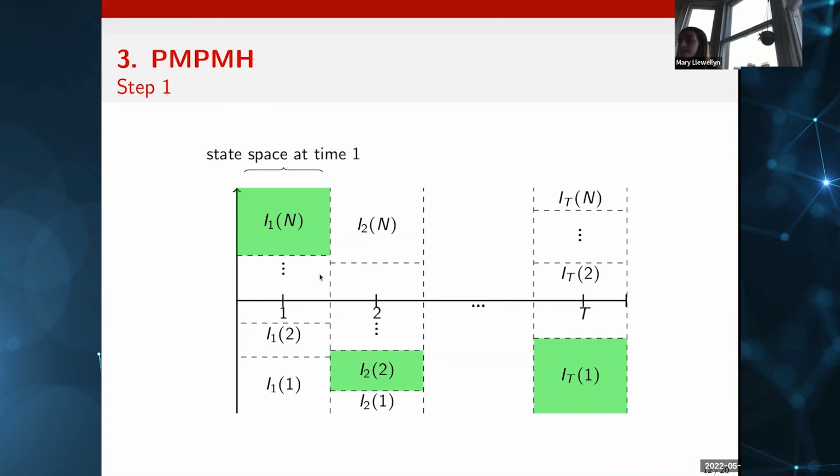Going back to the grid we imposed before, and I promise you this is the same grid, it's a bit higgledy-piggledy, we might sample, say, this grid cell at time 1. This is what our forward filtering backward sampling algorithm has told us. We've sampled this grid cell at time 2, and we're doing this all the way until time capital T, in which case we've sampled this value here.